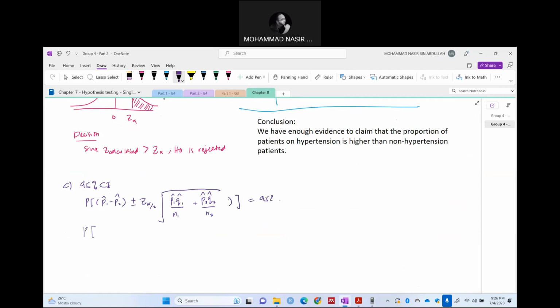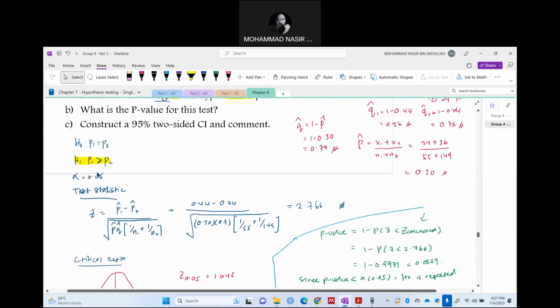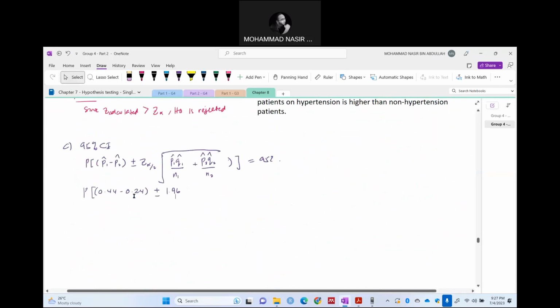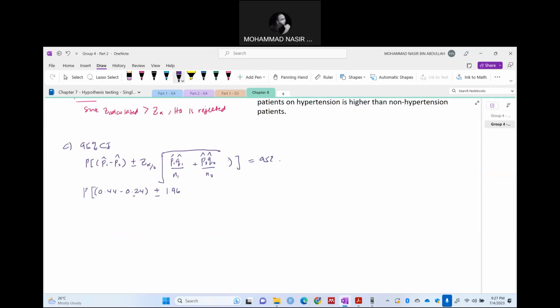So P1 minus P2, 0.44 minus 0.24, plus minus Z alpha is 1.96. So alpha is 0.05, divide by 2, 0.025 is equal to 1.96.